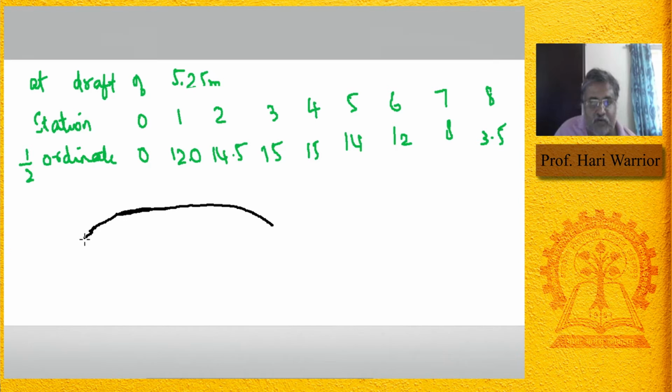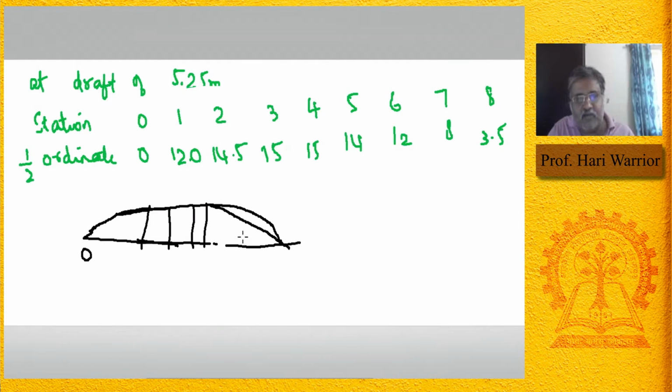Here the half ordinate is 0, so it starts from 0. It keeps increasing. 12, 14.5, 14.5, 14.5, 15, 15. Then it decreases again.